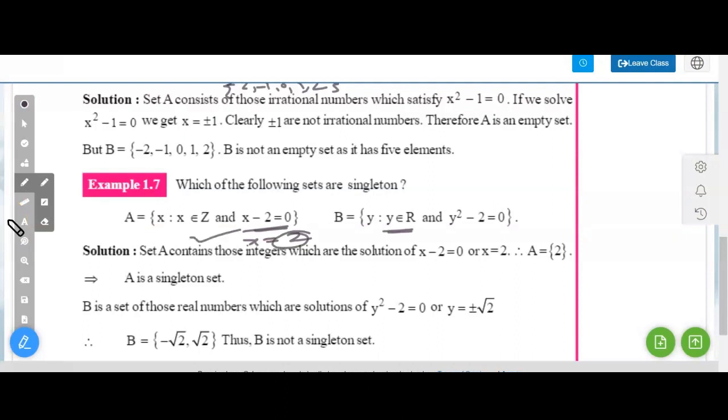Next one is y belongs to real numbers and y square is equal to 2, so y is equal to plus or minus root 2. That means minus root 2 and positive root 2. These are the two elements, so this is not singleton. A is a singleton set.